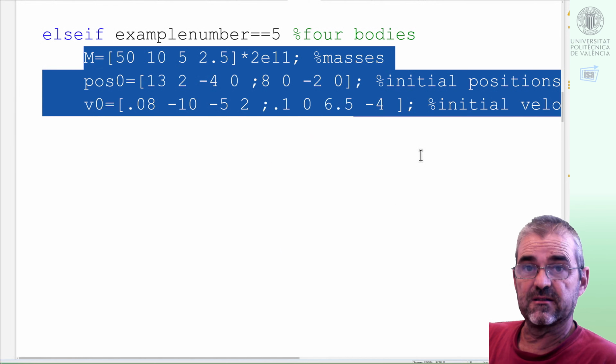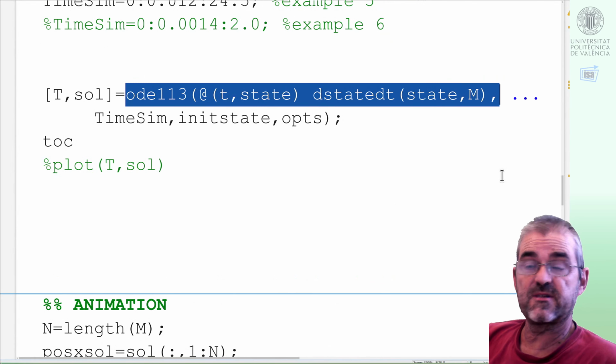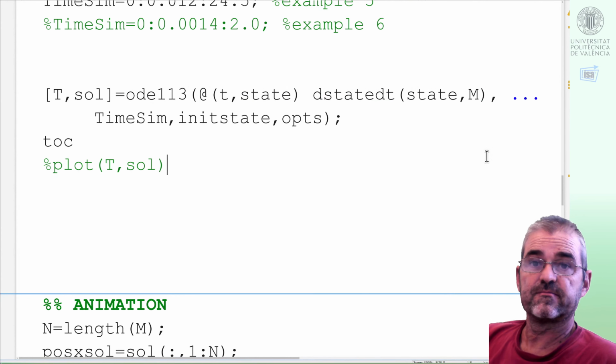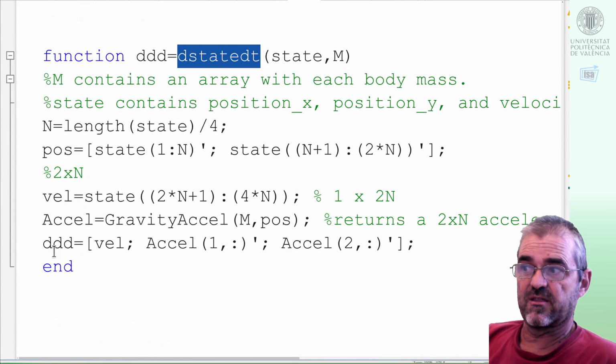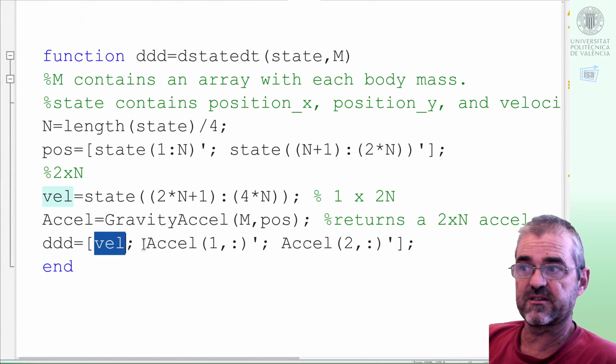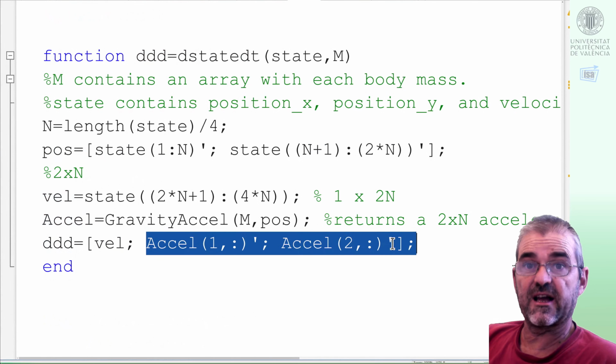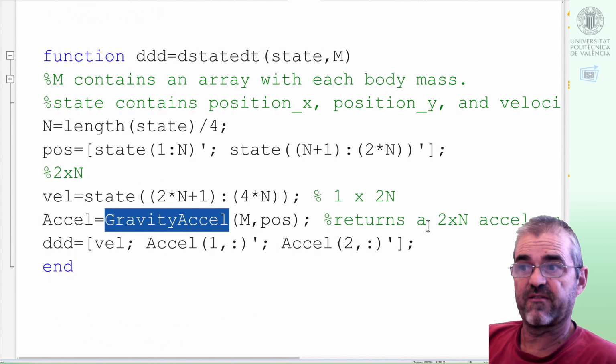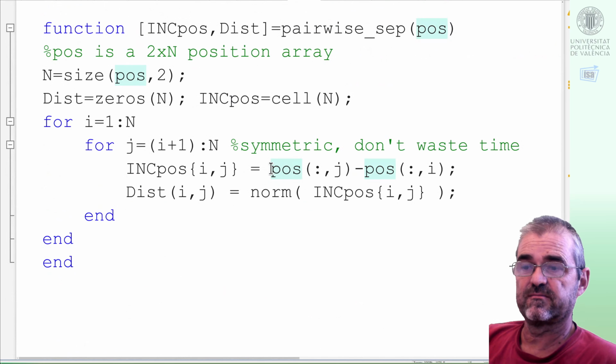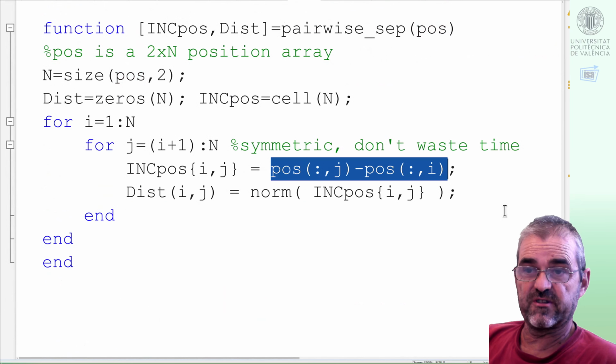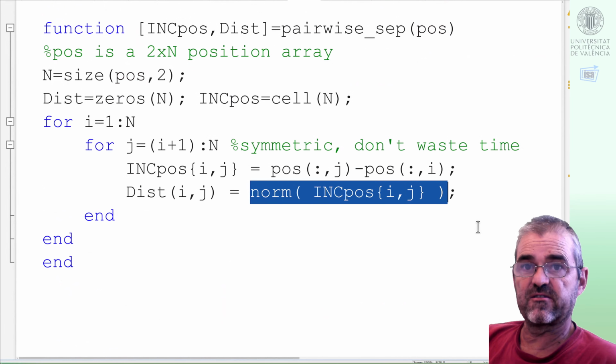We loaded some initial positions and speed in the mass vector, and then we called a simulator which needed a function handle to compute the derivatives of the state vector, and there were 4 state variables per body: position, velocity in x, y coordinates, and the state equation said that the derivatives of the positions were velocities and the derivatives of velocities were accelerations, computed with a gravity acceleration formula in which I computed the vector of position difference between every pair of bodies and the distance, the norm of such a vector.